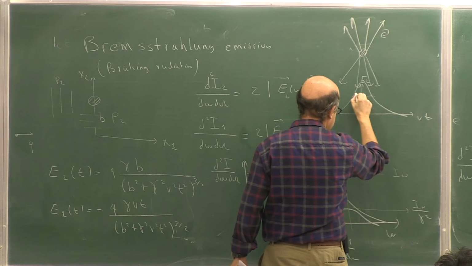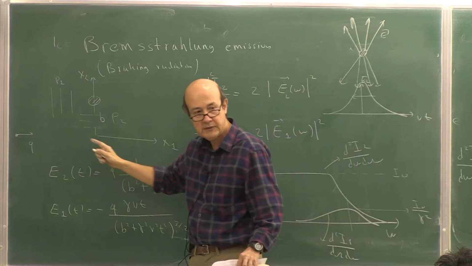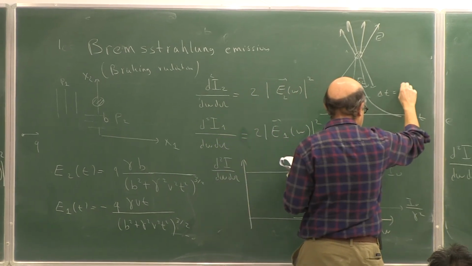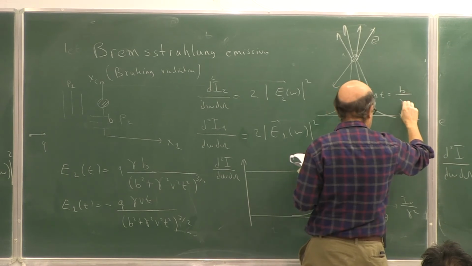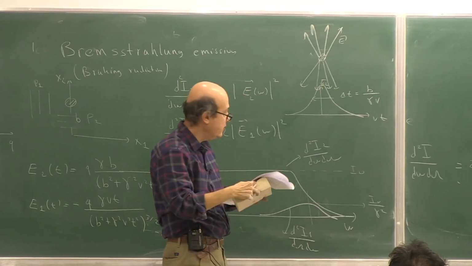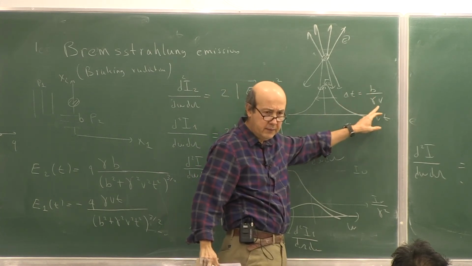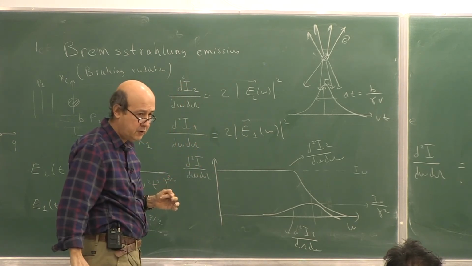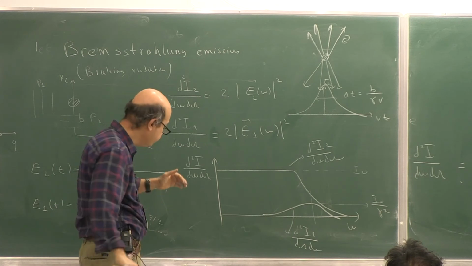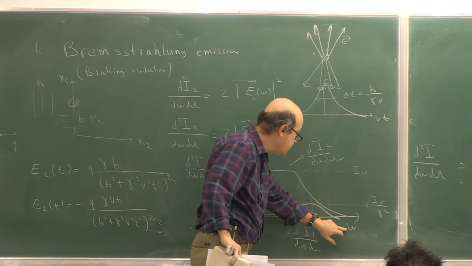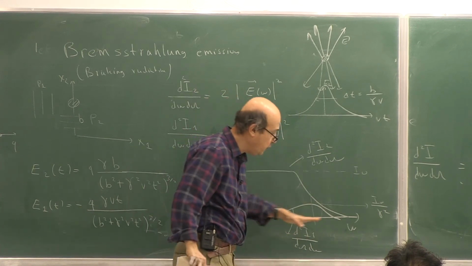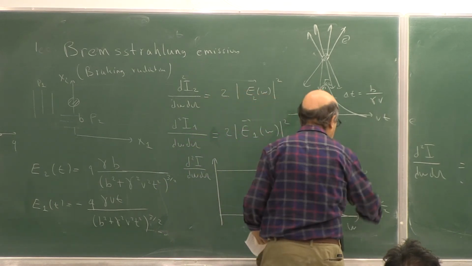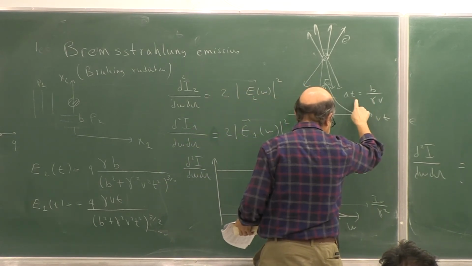And this width is related to the passage time of the relativistic charged particle, and that passage time, delta t, is b over gamma v. If non-relativistic, that is b over v, but if it is relativistic, the passage time gets narrowed by a factor of gamma due to the length contraction. Basically, you can express the horizontal axis, instead of ordinary frequency, in a unitless way by multiplying by delta t.